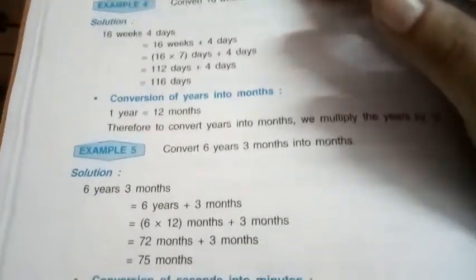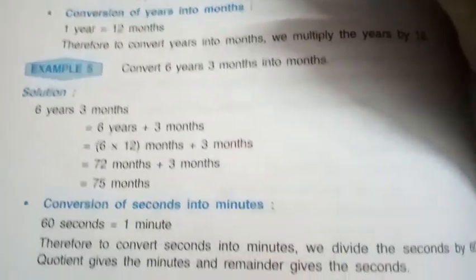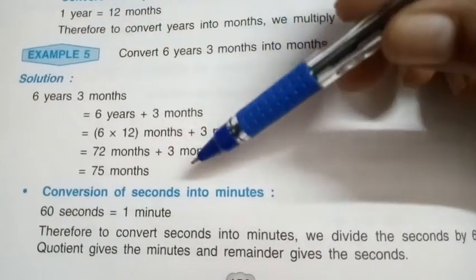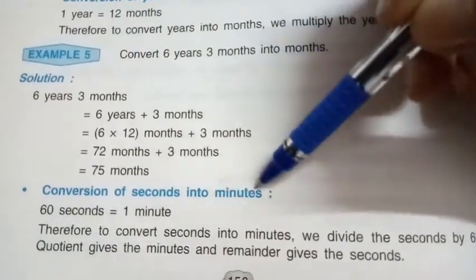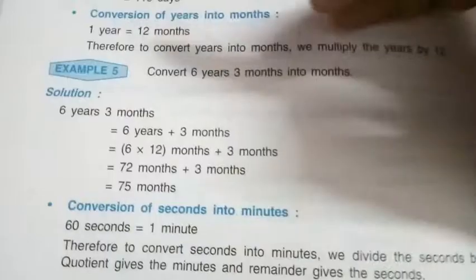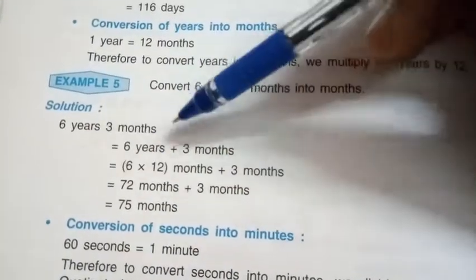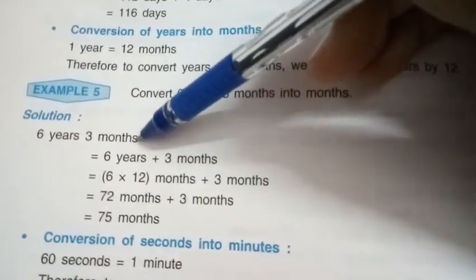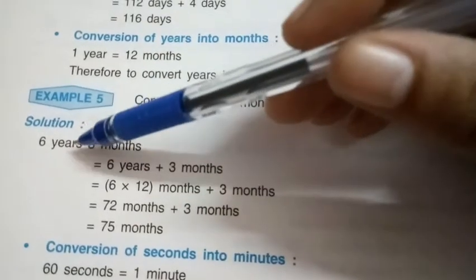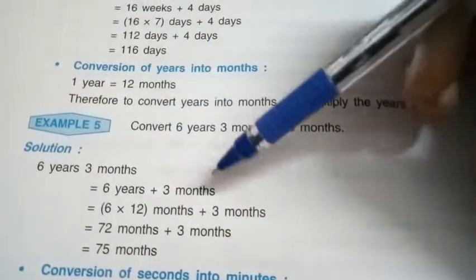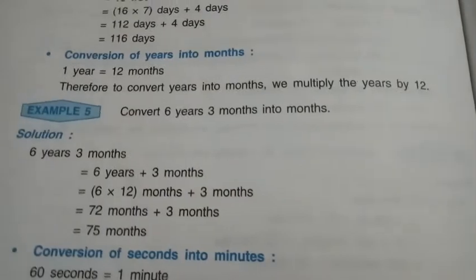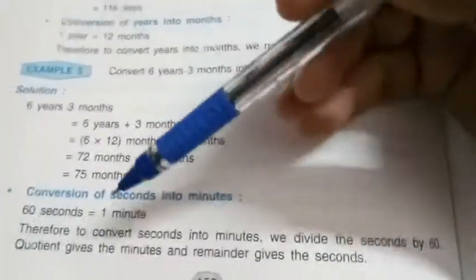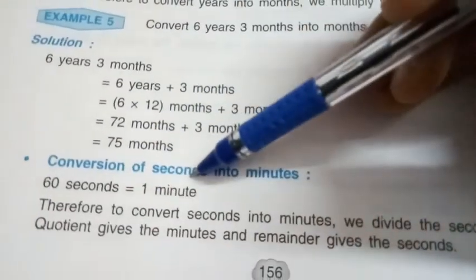Now today we will start how to convert the smaller unit into bigger units. Years is a bigger unit, months is a smaller unit. Yesterday we converted big units into smaller units. Now today we have to convert the smaller unit into bigger unit.